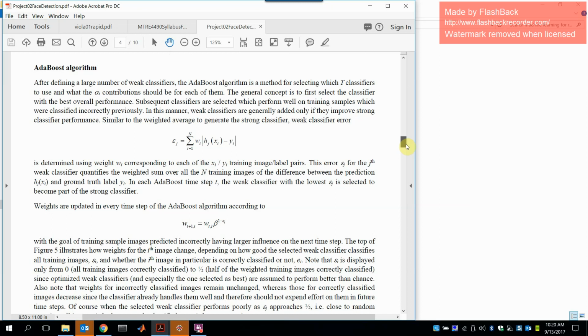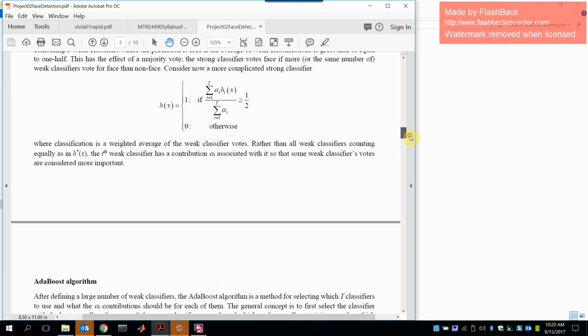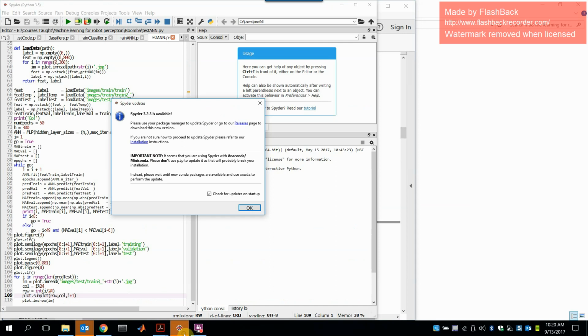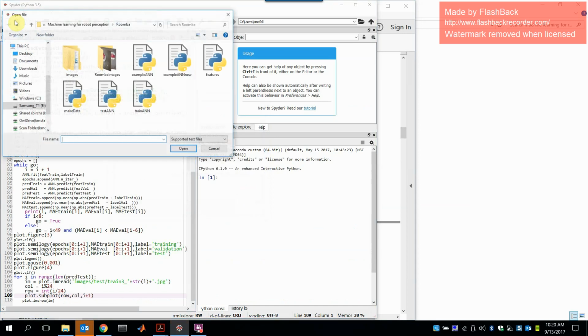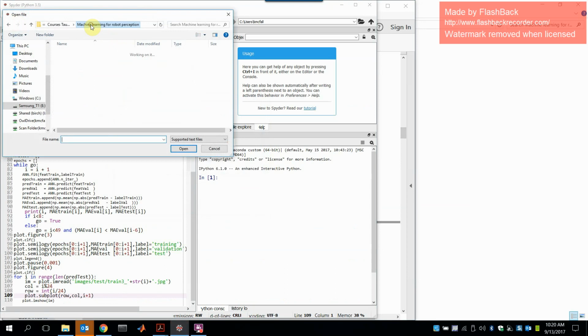Let's go back over the equations. So this is the strong classifier. There's going to be big T classifiers, and that's going to be your main loop. Let me go ahead and open that up. Face detection, template, train classifier.